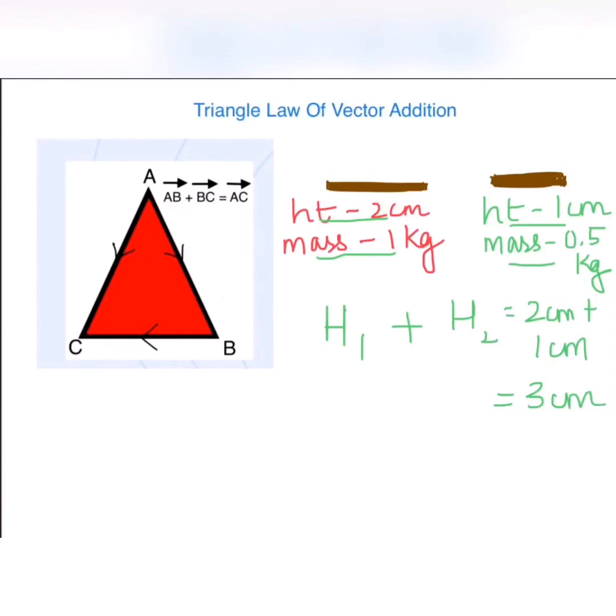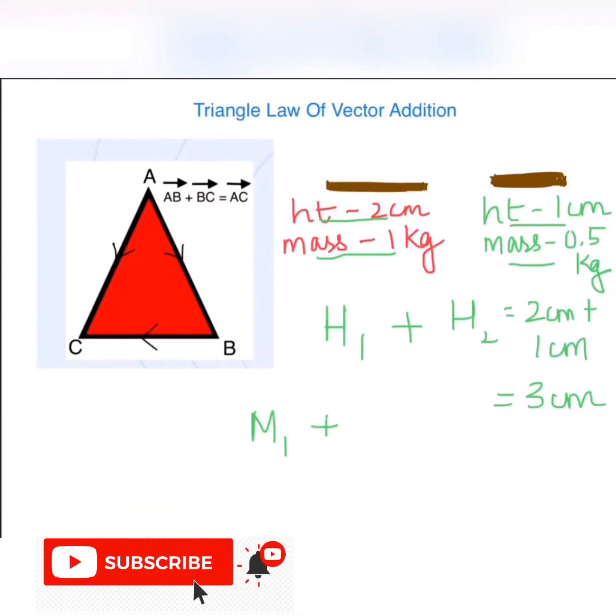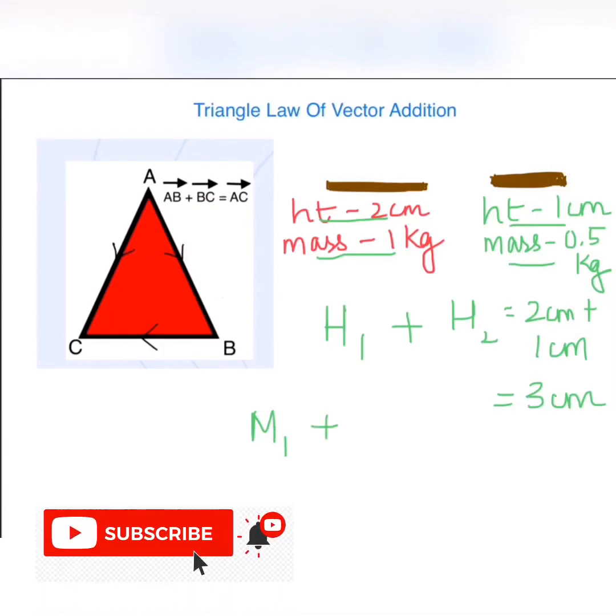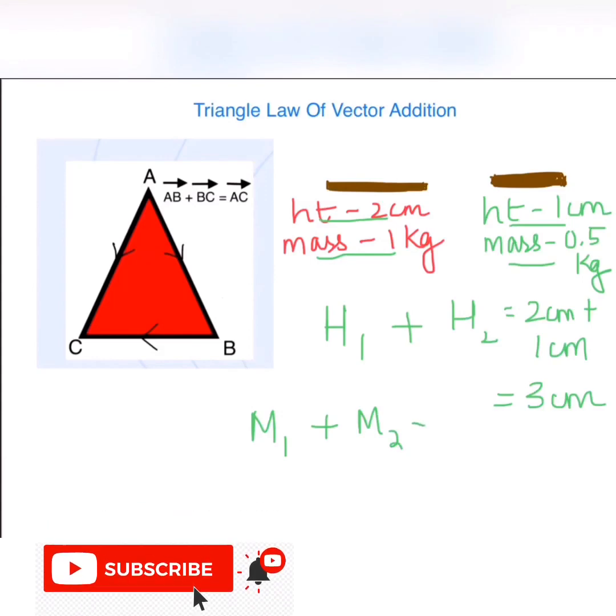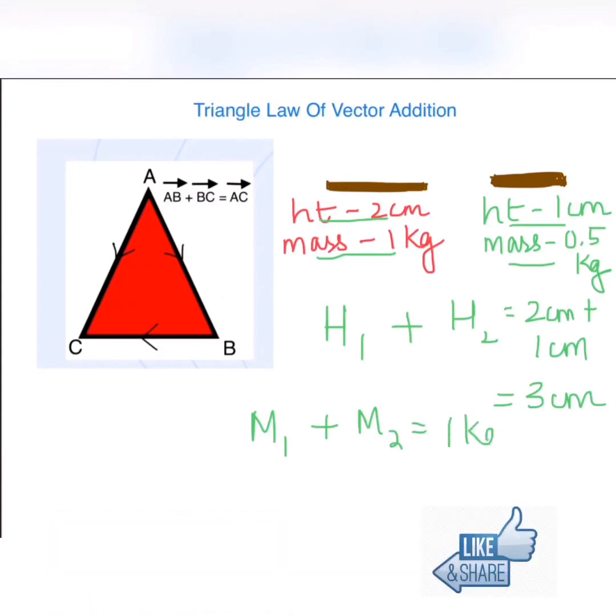The mass of the first stick, m1, which is 1 kg, can be added with the mass of the second stick, m2, which gives 1 kg plus 0.5 kg, the resultant 1.5 kg.